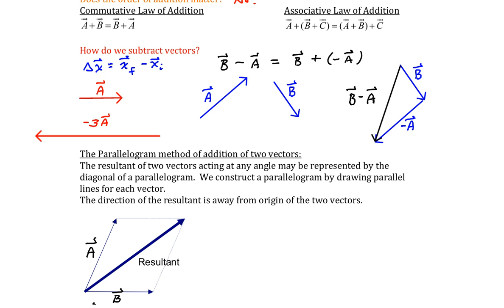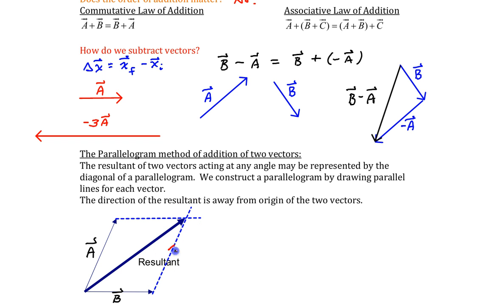Now, to solve this problem by the tip-to-tail method, you might take, say, vector A and retransplant it over here. Or you could take vector B and retransplant it over here. In essence, what you would be doing is just drawing a parallel line right along here and another parallel line over here.